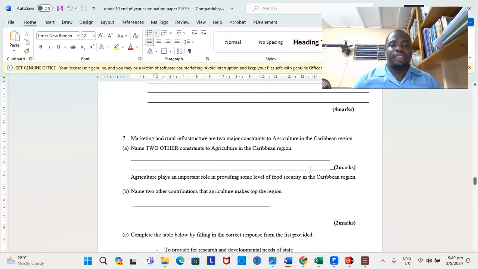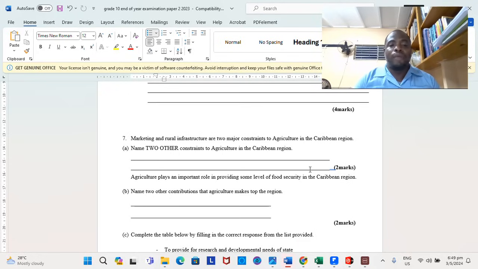Question 7 says, marketing and rural infrastructure are two major constraints. And we know that CXC tends to interchange constraints with the words problems and challenges to agriculture in the Caribbean region. So marketing, some of the time, your farmers produce their crops and you just don't have anybody to sell the crops to.